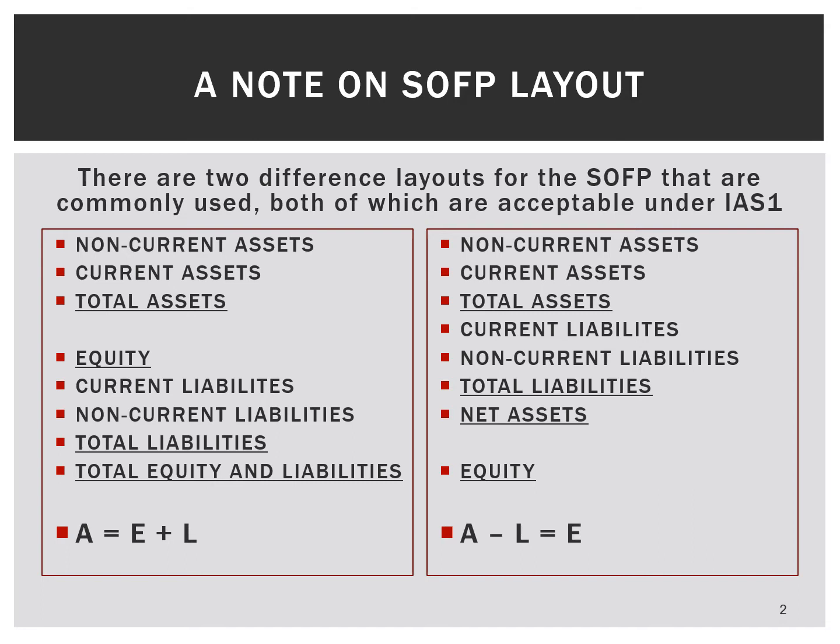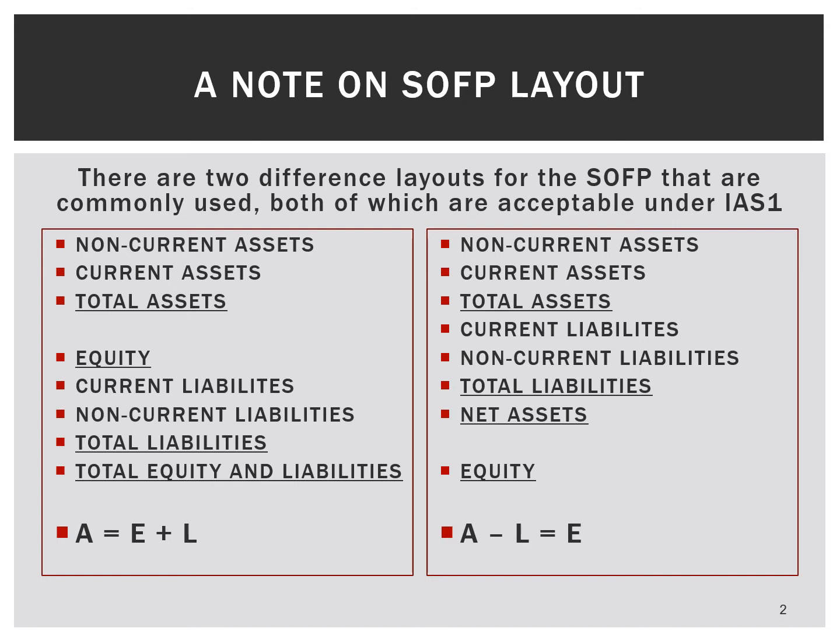and that's a layout that you'll probably come across in the exam. The other option, and it's the one that I've used working through this example, we've got the non-current assets, current assets, total assets, but then we've got current liabilities, non-current liabilities, and total liabilities taken away to give us a net asset figure, and that then agrees with the total equity.